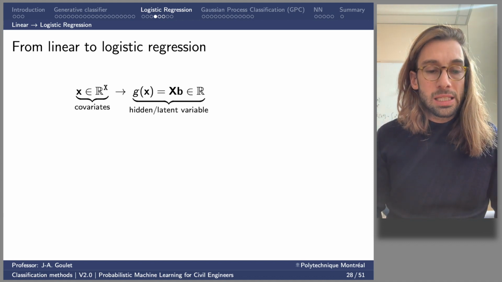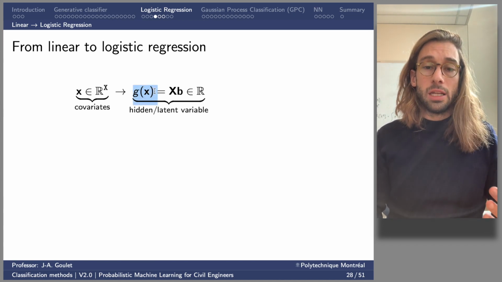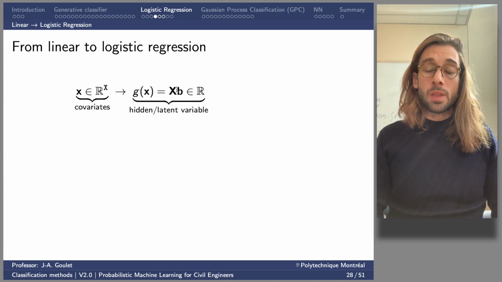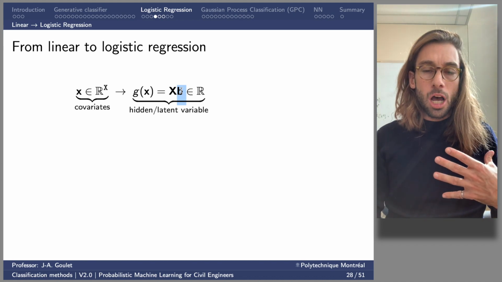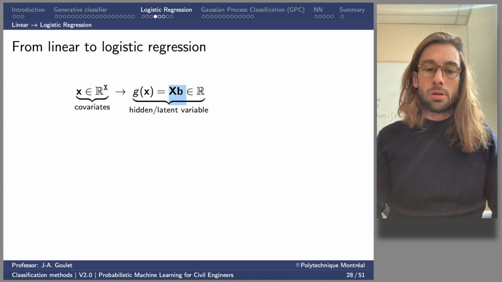In this case, that latent function g of x, which is the same as in linear regression, is going to be my model matrix x times b, my vector of parameters. So as in the case of regression, the output of this linear function also belongs to the real numbers.